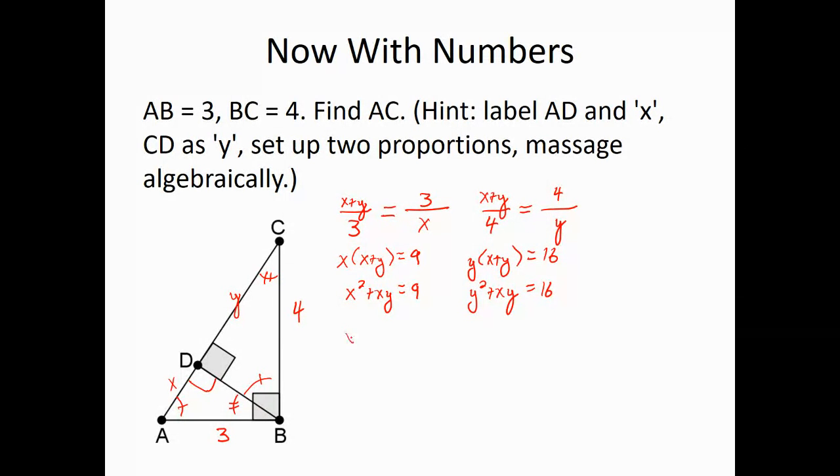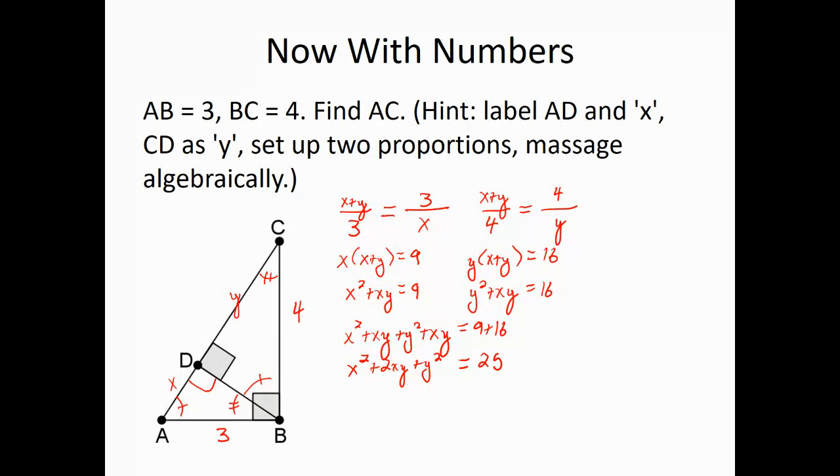So if I have x squared plus xy plus y squared plus xy, that's the sum of the lefts, that must equal 9 plus 16, the sum of the rights. Let me do a little simplification. On the left-hand side, I have an x squared, an xy and another xy. So that's x squared plus 2xy plus y squared equal to 25.